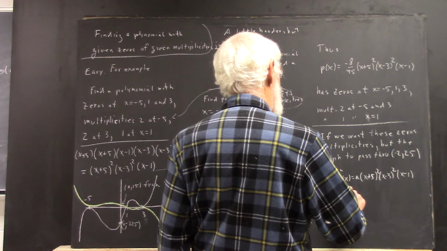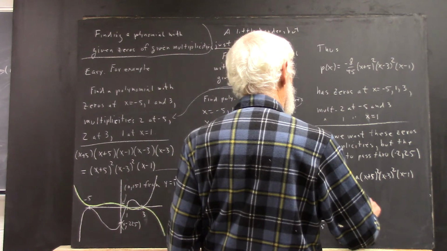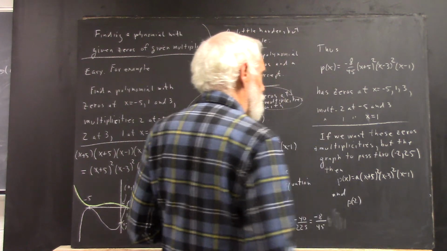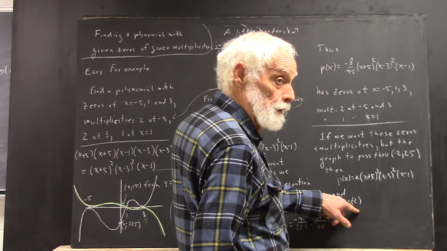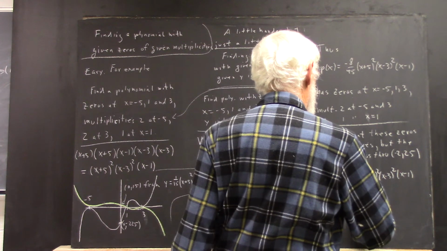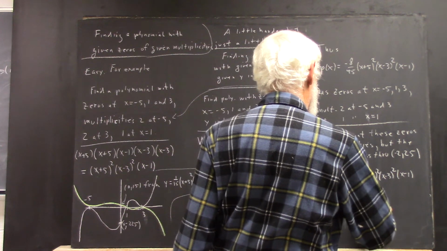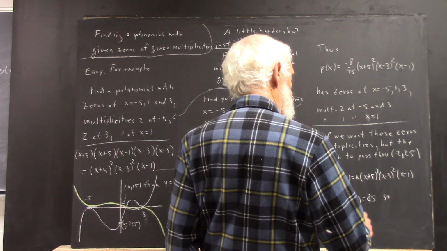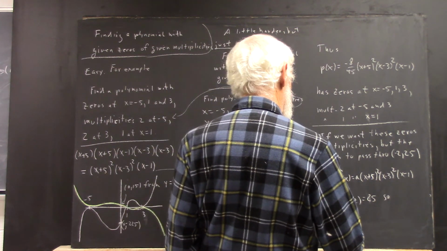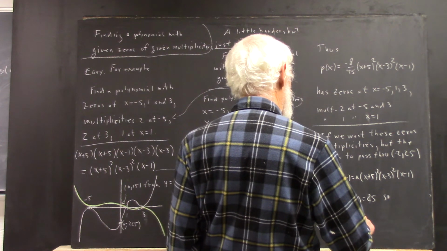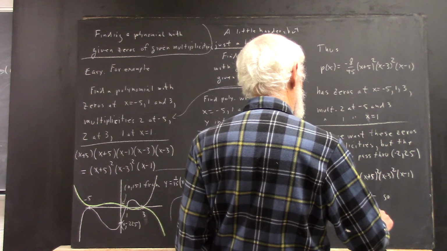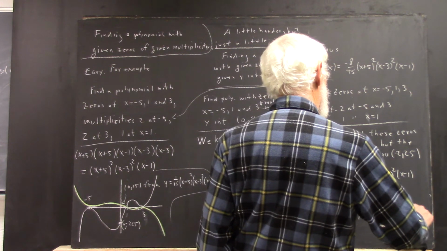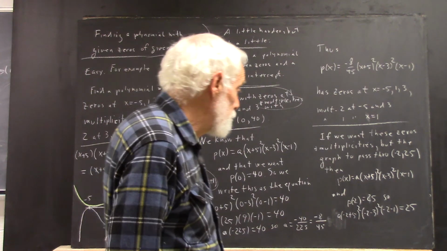And P of negative 2, the value of the polynomial at negative 2, should be 25. So P of negative 2 is a times negative 2 plus 5 squared times negative 2 minus 3 squared times negative 2 minus 1 has to equal 25.